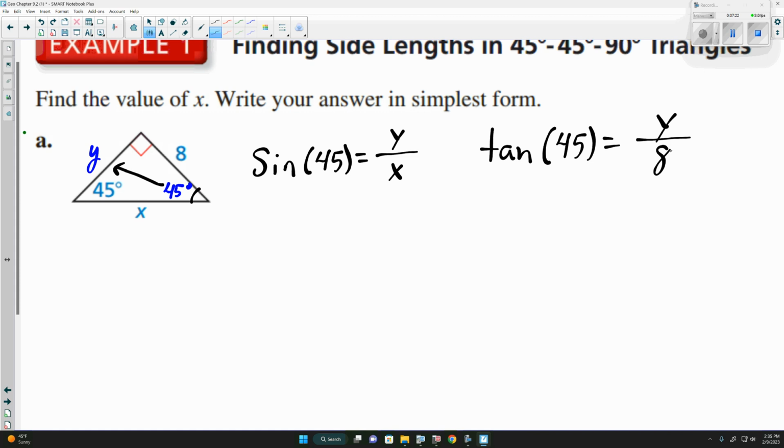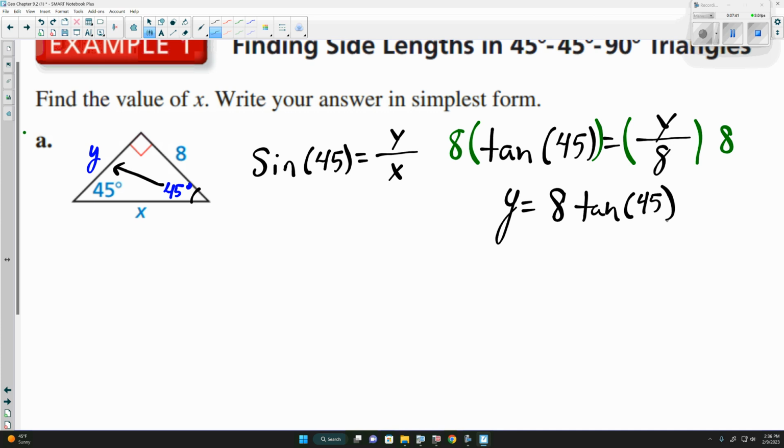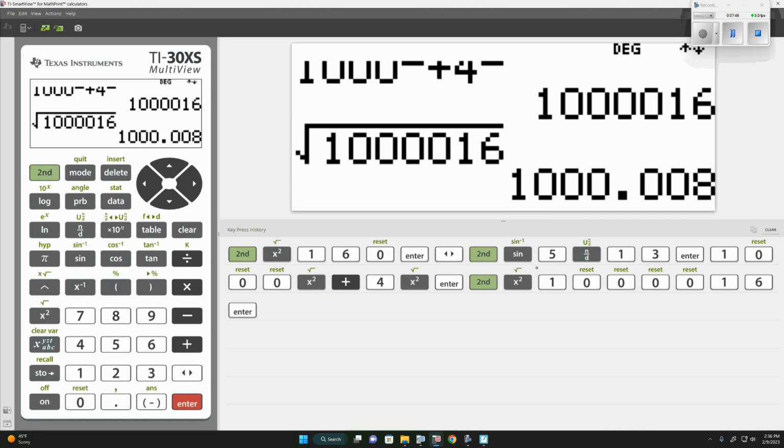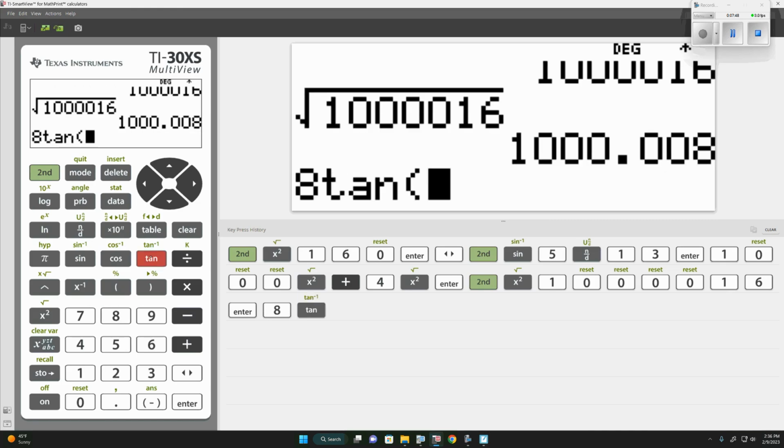Opposite would be y, adjacent would be 8. To solve this, we multiply both sides by 8, telling us that y is equal to 8 times tangent of 45. On the calculator, 8 tangent of 45 degrees, and we get 8. Okay.